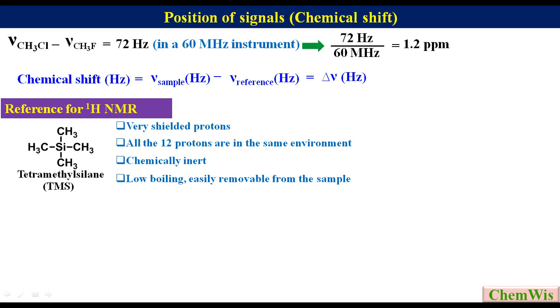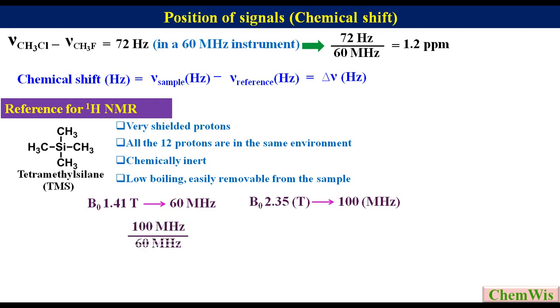Chemical shift in Hertz is field dependent. In an applied magnetic field of 1.41 Tesla, a proton resonates approximately at 60 MHz, while in an applied field of 2.35 Tesla, it resonates approximately at 100 MHz. Here, we can see that 100 upon 60 is equal to 1.66 and 2.35 upon 1.41 is equal to 1.66.